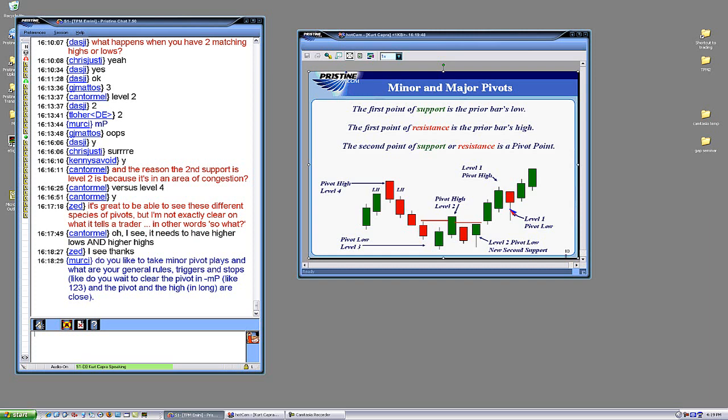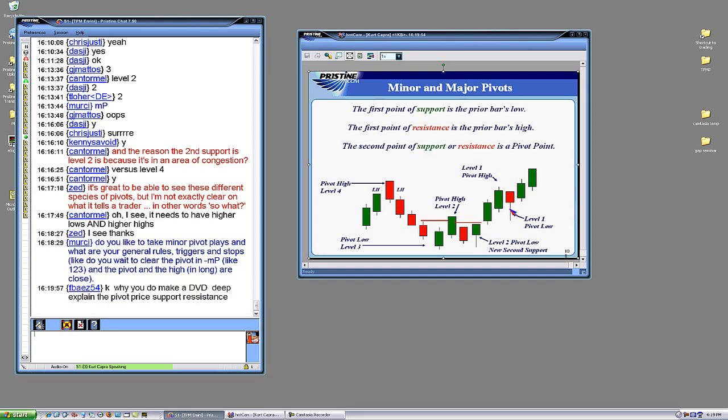But I don't like as much a 1, 2, 3 continuation. I just find that with E-minis, they have a greater odds for failure. The only time I'll take a continuation higher is if it's a really strong day.